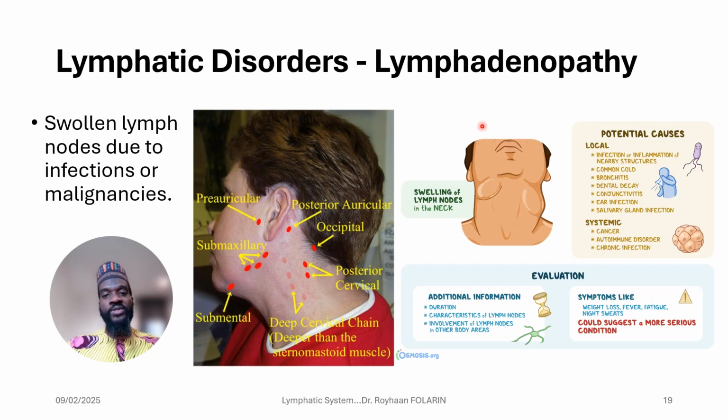Other lymphatic disorders could be lymphadenopathy, which refers to enlargement of lymph nodes, often due to infections or autoimmune diseases or malignancies. So it can be localized, affecting nodes in specific regions, such as the nodes you find in the anterior portion of the ear, known as the preauricular, or the nodes you find at the posterior part of the ear, known as the posterior auricular.